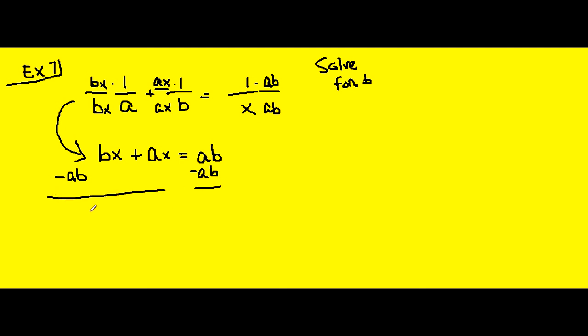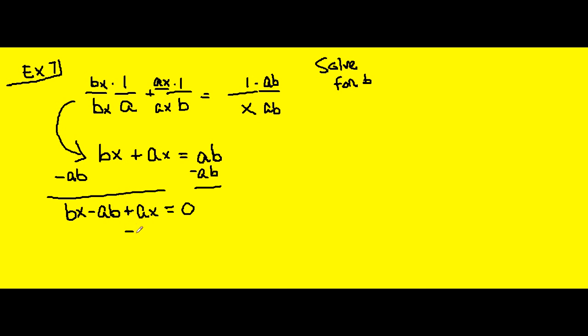I'm going to have bx minus ab plus ax equals 0. That's alright. But now I want to get rid of the ax over here because it doesn't have a b.